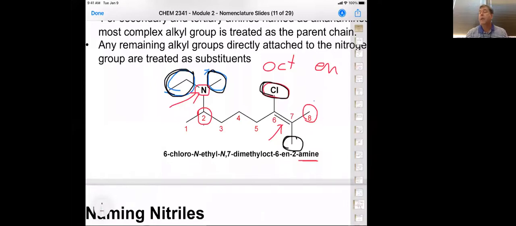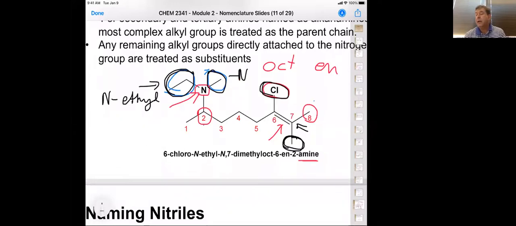So this ethyl substituent is going to be an N-ethyl. This methyl substituent would also be an N right here, but we have a second one here. So we can use the dimethyl rule, but we have to locate both of them. One of them is on a 7 and one is on a nitrogen.